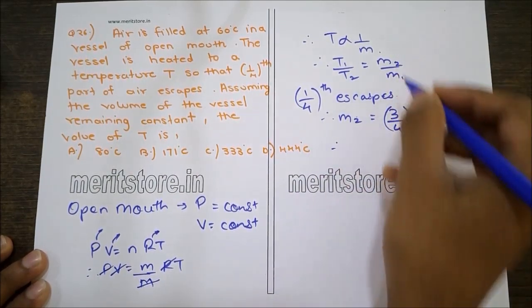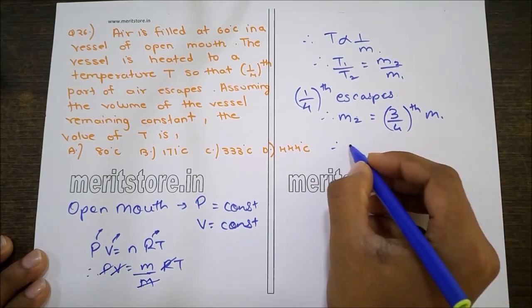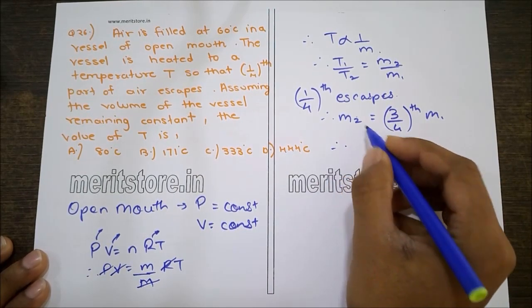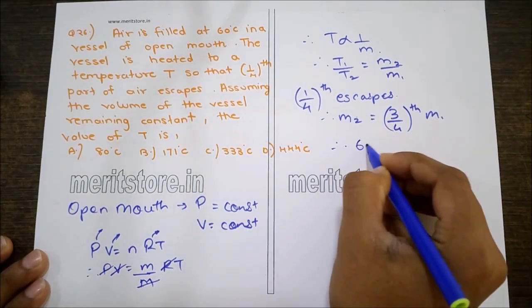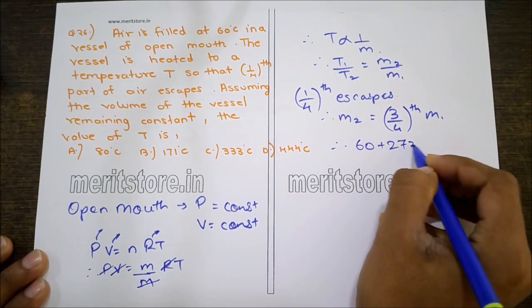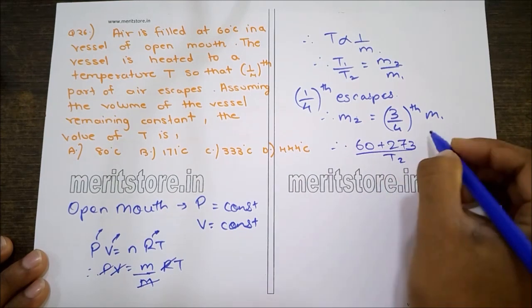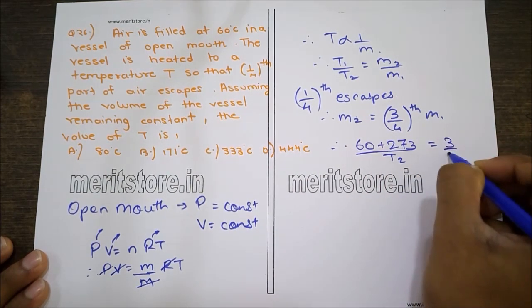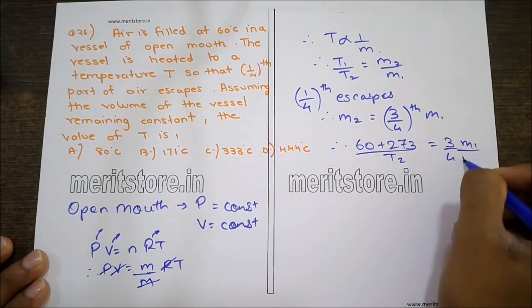So substituting the value of M2 over here, T1 is given as 60 degrees Celsius, so 60 plus 273 upon T2 is equal to M2, which is 3 upon 4 M1, divided by M1.